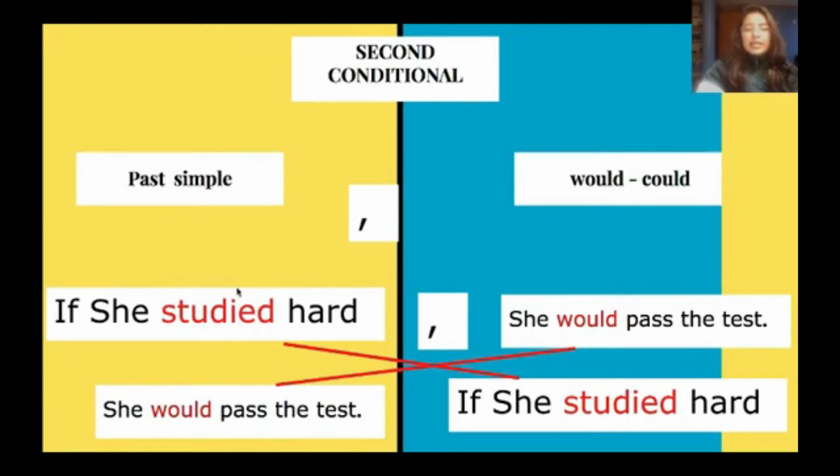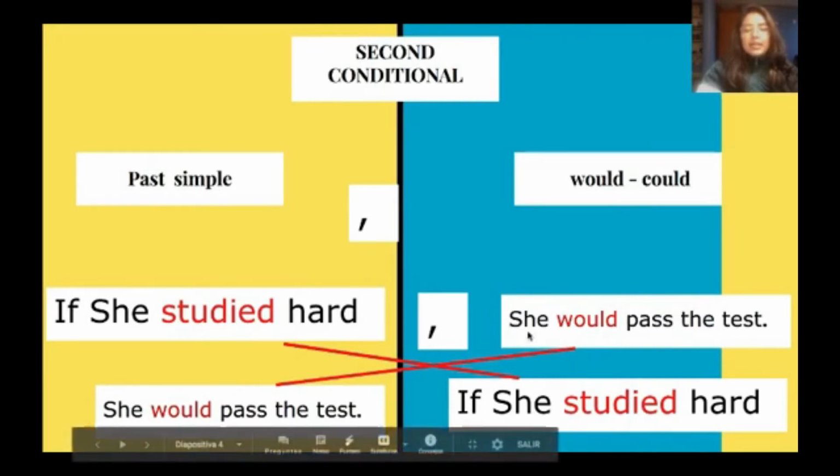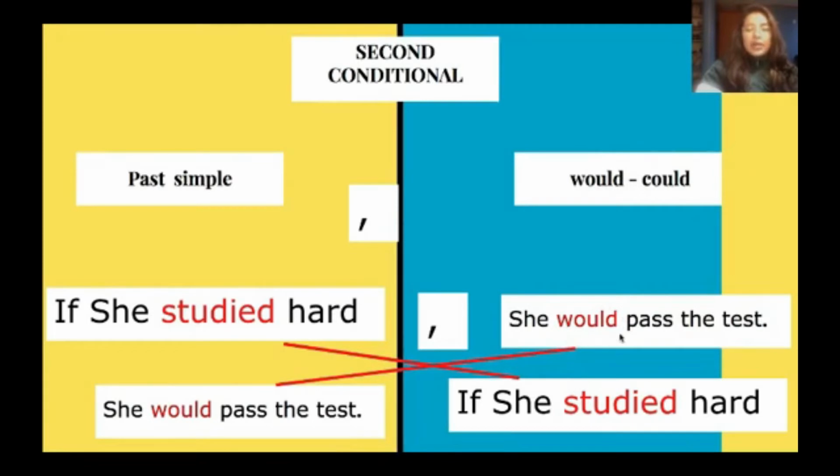In this case, study is a regular verb. You have to add ed at the end, according to the rules. And then you have to write the sentence with would, and when we use would, the modal, the verb is in the base form.